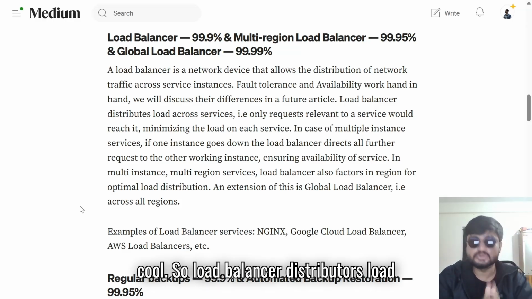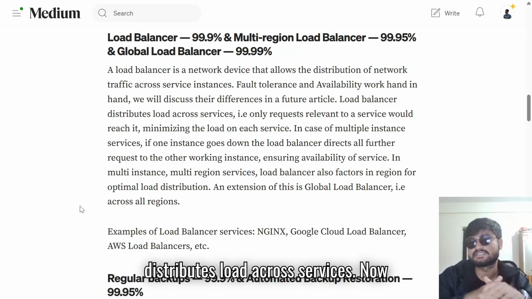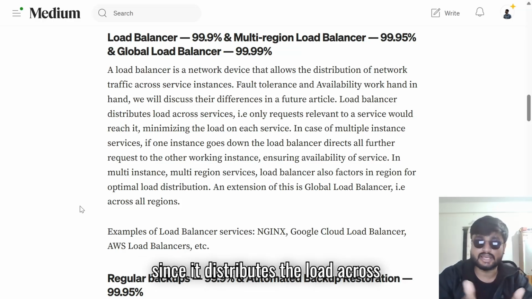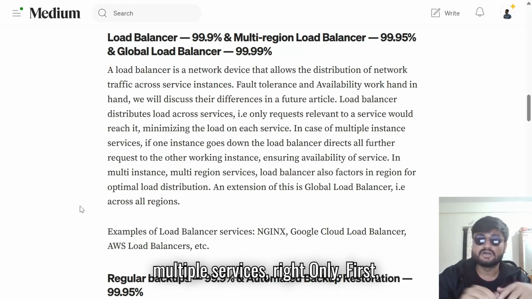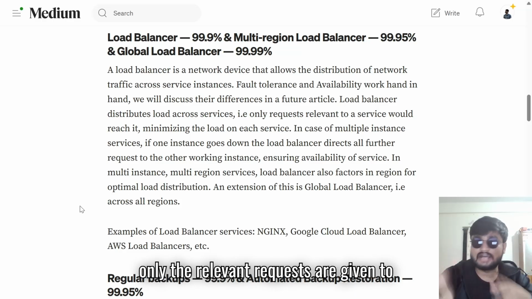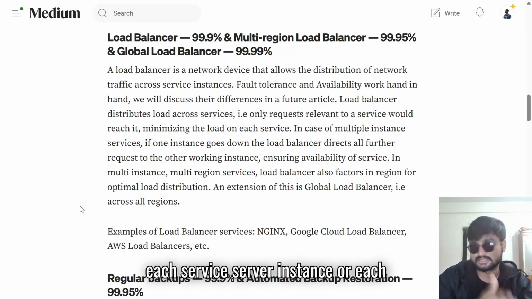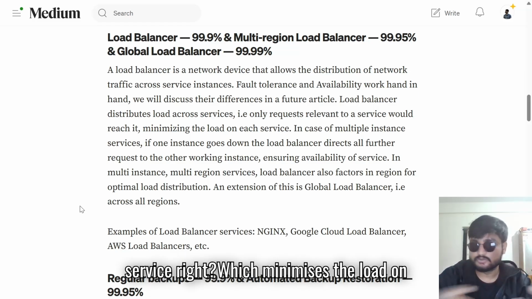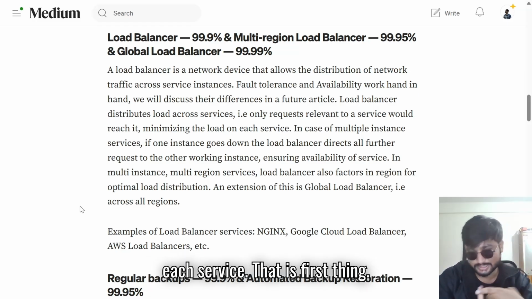Okay, cool. So a load balancer distributes load across services. Since it distributes the load across multiple services, only the relevant requests are given to each service server instance, which minimizes the load on each service. That is the first thing.